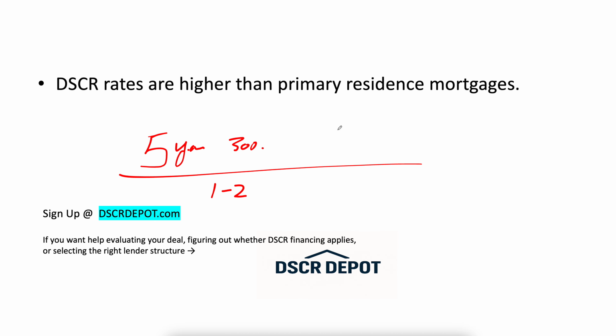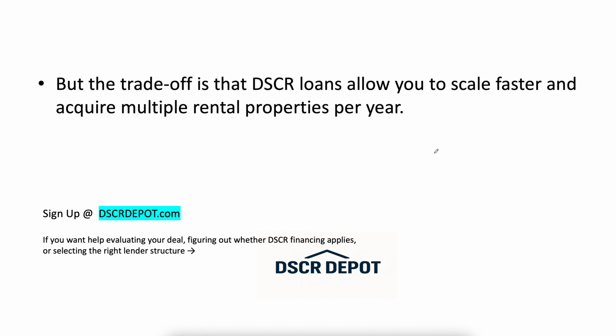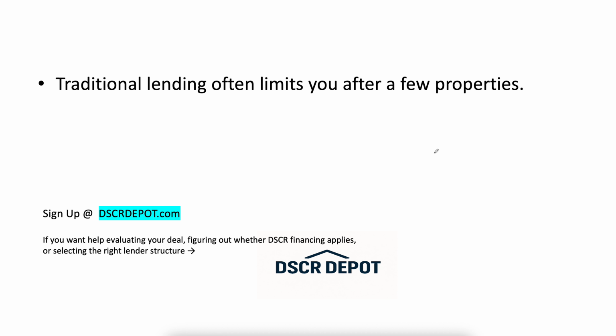So if you can get a conventional mortgage rate of 5.8 or 5.9 at some places, plus 2%, you're going to be in the high 6s to high 7s for your DSCR, and you can get improvements on that, but that's just shorthand. So that's the trade-off. DSCR loans allow you to scale faster and acquire multiple rental properties per year, but you're paying a little bit of a premium on the interest rate.